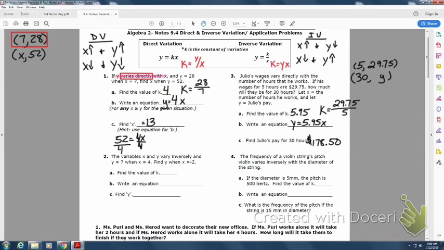So, let's go down here. We're going to do 2 and 4. Both of these are the inverse ones. So again, I'm going to set it up the exact same way. X is 4 when Y is 7. Find Y when X is negative 2.